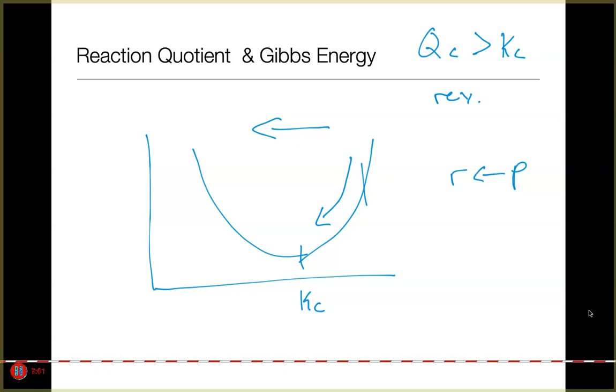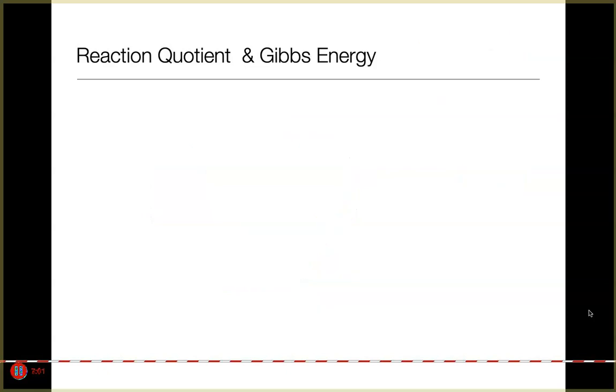So there's a couple different ways we can look at it, but effectively the take-home message that I want you to get for Q is that the expression is the exact same as that for KC. The only difference is that they're not necessarily at equilibrium concentrations.